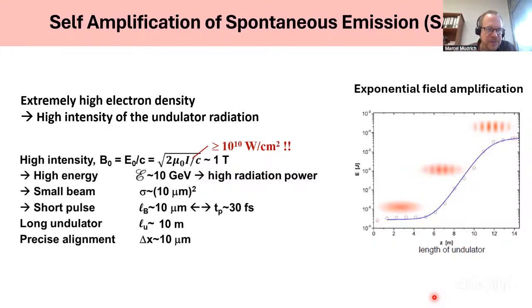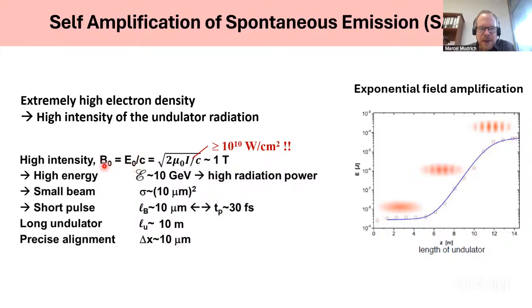Yeah, so I mentioned we need the high intensity of the undulator radiation to produce a strong magnetic field. The magnetic field, from Maxwell's equations, scales as the electric field divided by c. This division by c usually reduces the magnetic field component of electromagnetic radiation to very low values, so in many cases the magnetic field can be neglected and we only consider the electric field.